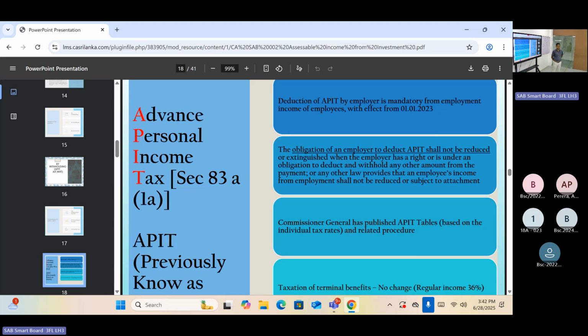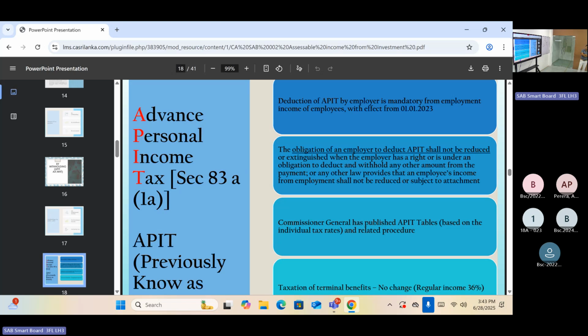Say, for example, my employer has to deduct tax on my salary. Say I have obtained a loan from a bank and I gave an instruction to my company to deduct my installment payment from my salary and remit it to the bank. But because of the tax, that installment cannot be made.